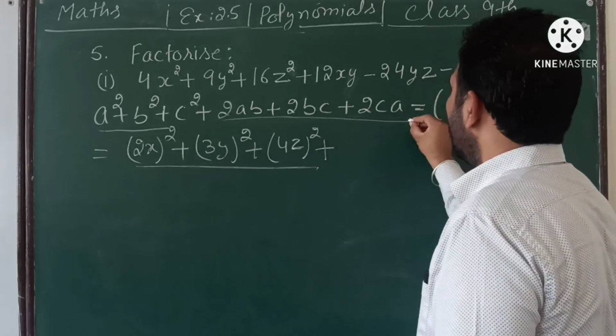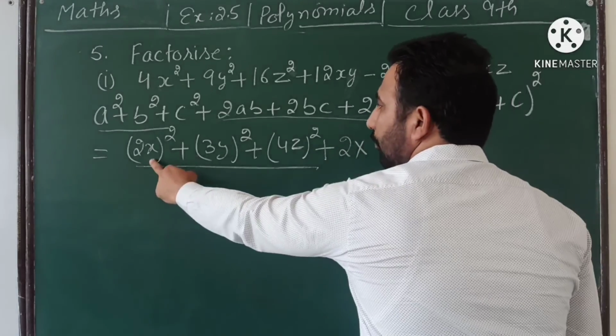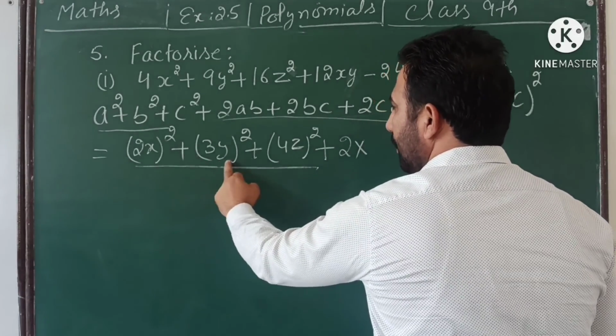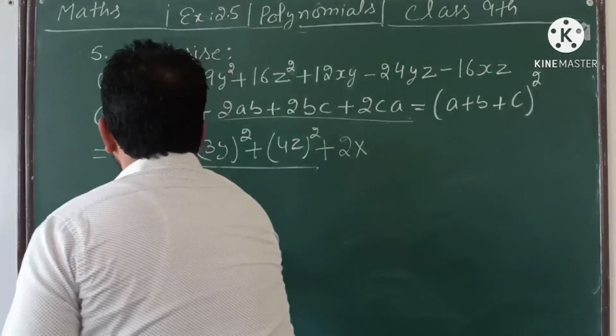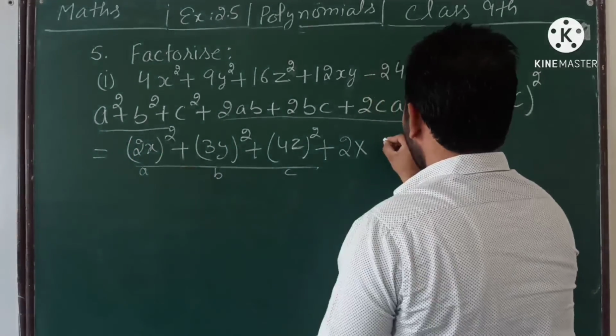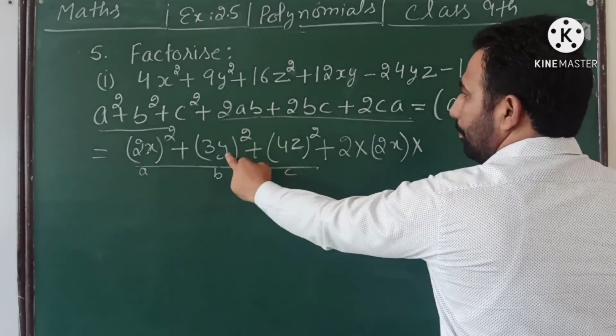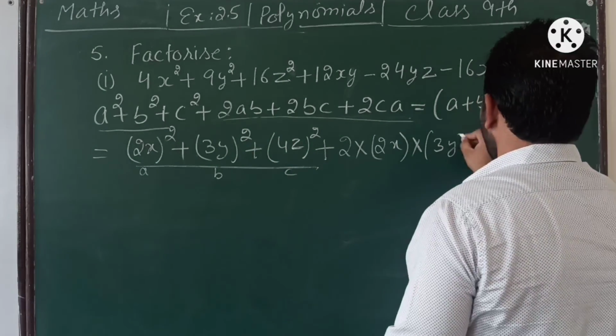Okay, now we will write in this form. We can write 2ab, 2bc, 2ca. We will take values from here. This is our a, b and c. So a is 2x, multiply a and b. The value of b is 3y.